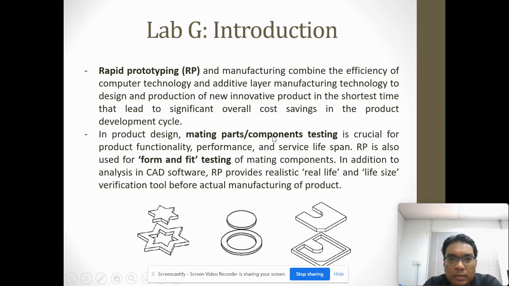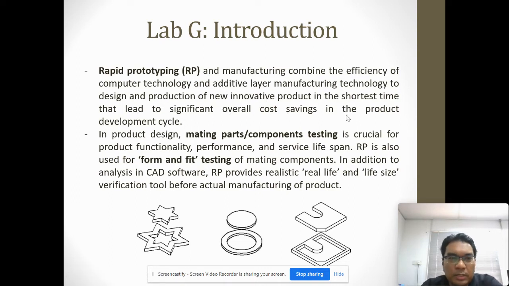A little bit of introduction to this lab. RP, or rapid prototyping and manufacturing, combines the efficiency of computer technology and additive layer manufacturing technology for the design and production of new innovative products in the shortest time, which leads to significant overall cost saving in the product development cycle.